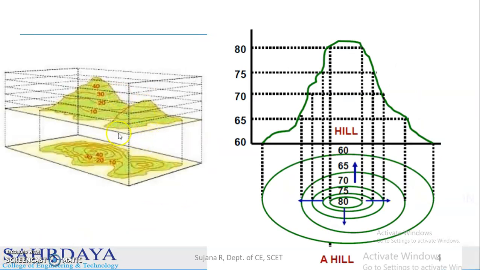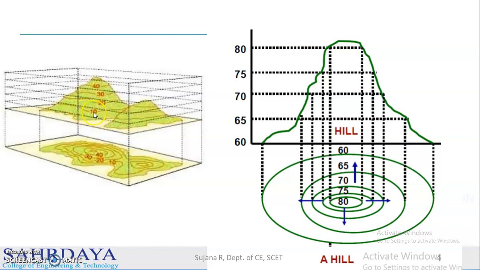In the first image you can see a hill, and the contour diagram of the hill is shown at the bottom. You can see some curves with numbers 30, 40, 20, 10 written on them. Looking at the top image, those curves represent the contours that pass through points having equal elevation.